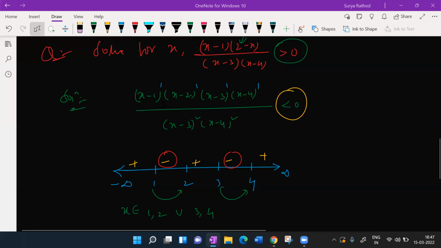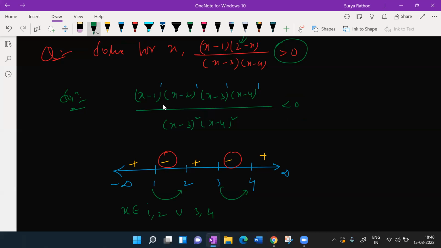See, should I keep open bracket or close bracket? Simple question. Very simple question. You are wasting my time indirectly. Is there anyone ready to give the answer? Guys, should I write open bracket or close bracket? Can I include 1 or not here?